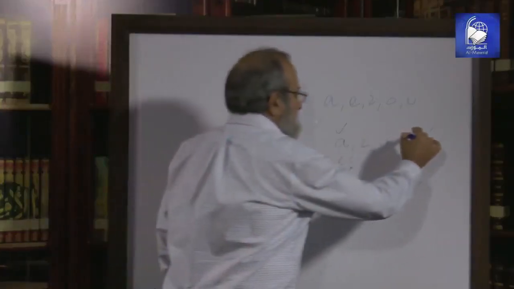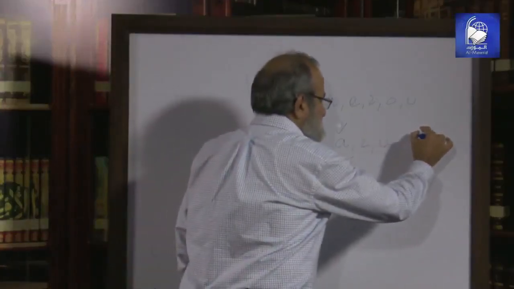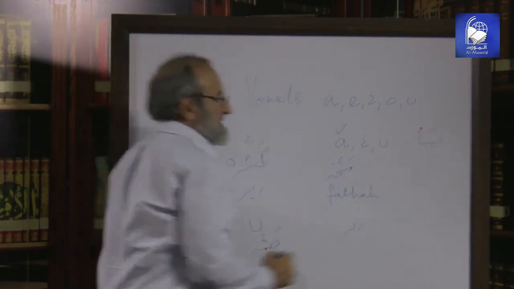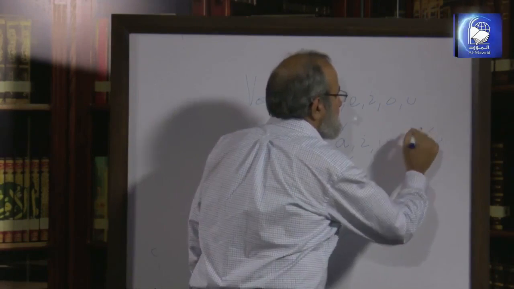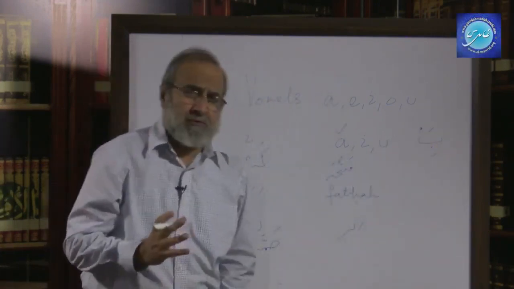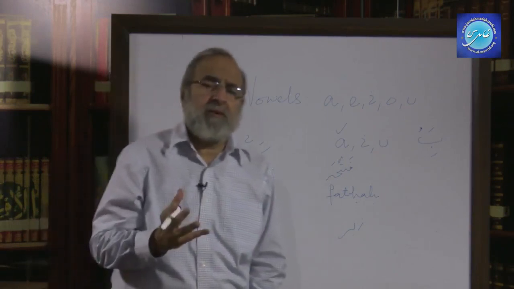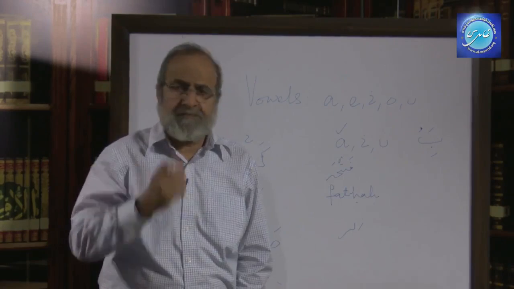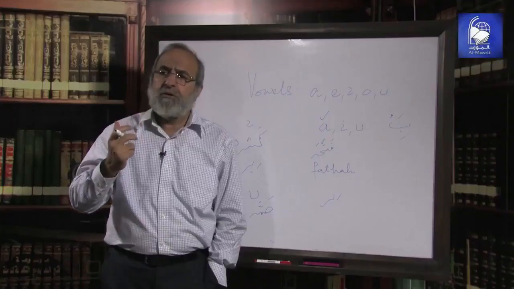Which if we use with an Arabic letter like ba, it's going to be like this. Yeah, it's somewhat like a comma in English, and it gives you the sound of bu.